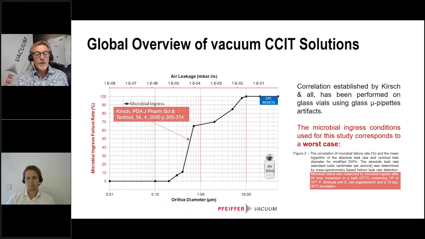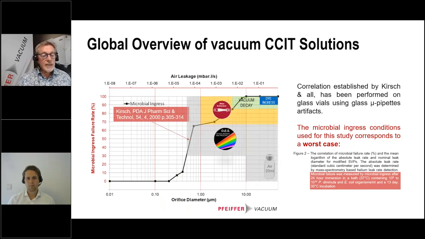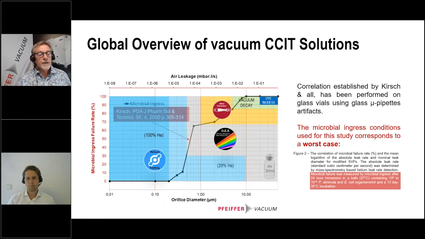We can illustrate the different detection ranges of the dye ingress, of the vacuum decay test, of the mass extraction, of the OES, and finally of the helium. Using low concentration helium, you can imagine detecting large leaks above 10 microns, or very fine leaks down to 0.1 micron and below.